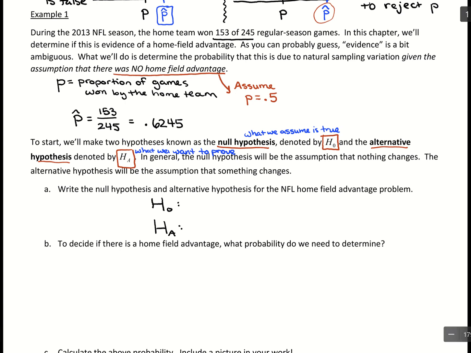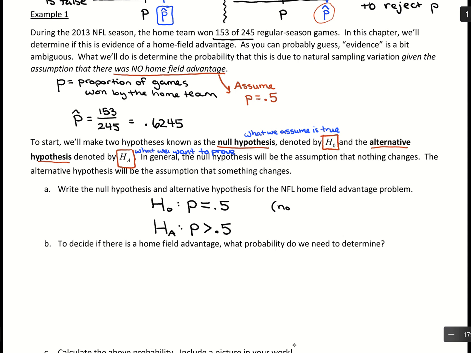What we're going to do is describe what we assume is true for p. And as we talked about above, we assume that it is equal to 0.5. Then for our alternative hypothesis, if we're trying to prove that there's an advantage in terms of this proportion of games won by the home team, we want to show that this proportion is larger than 50%, since that would be the idea of a home field advantage.